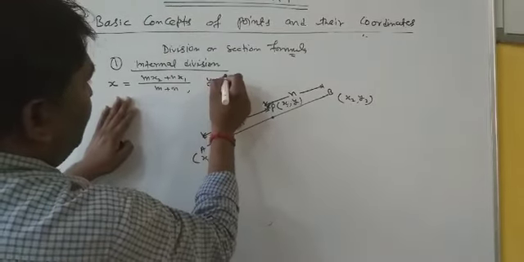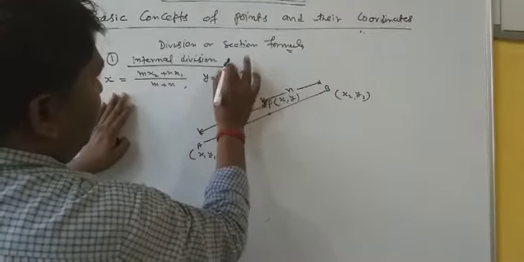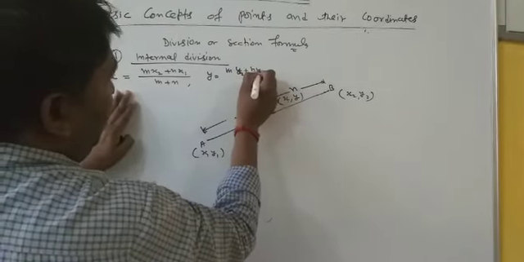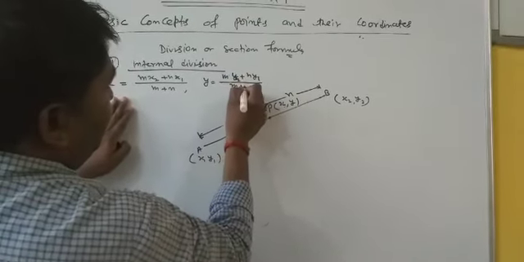Similarly, y is equal to my2 plus ny1 upon m plus n.